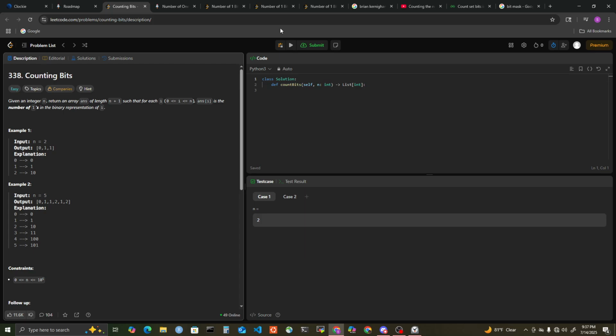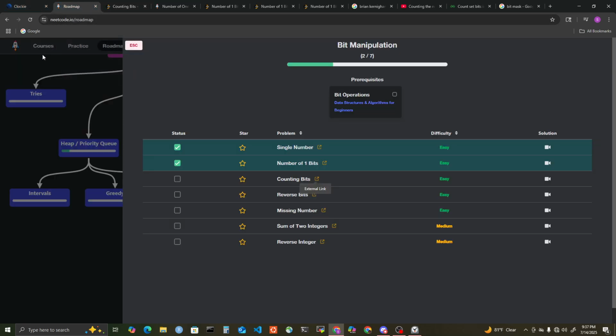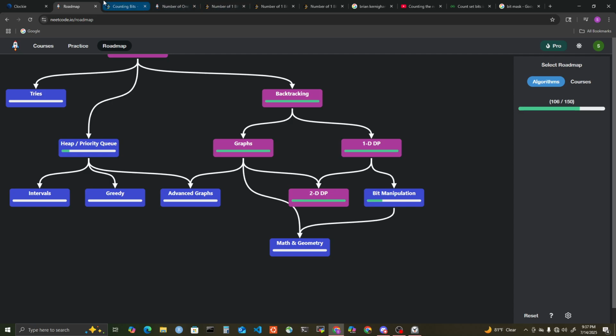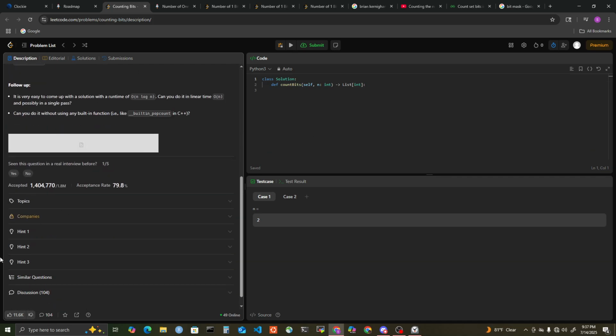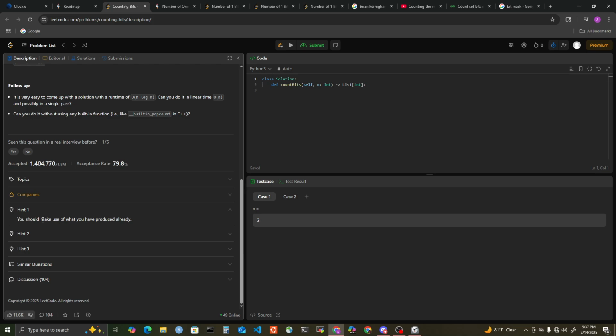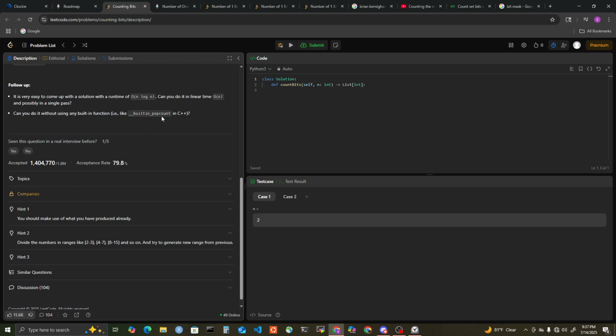Feels almost DP-ish. Is this below DP? It is. Huh. This does feel a bit DP. Should make use of what you have produced already. Okay, dynamic programming.